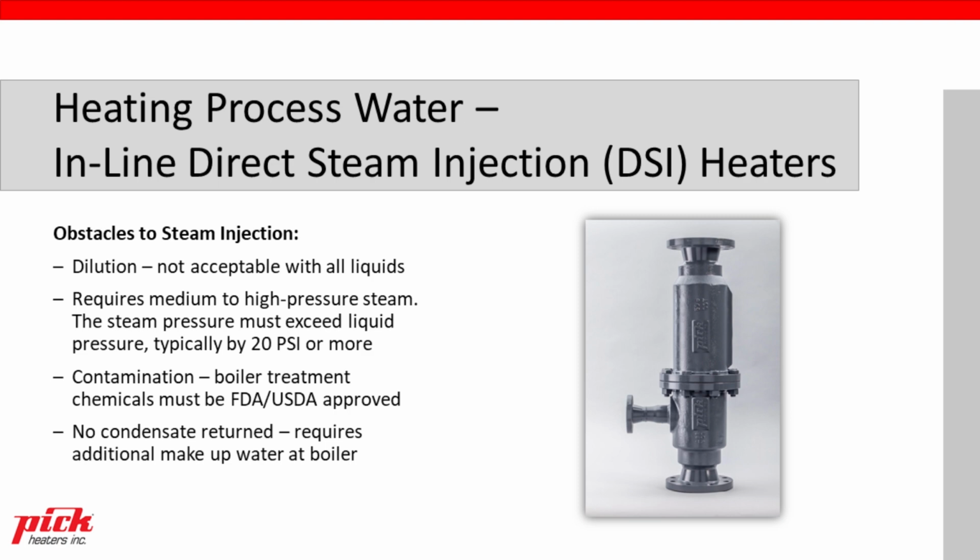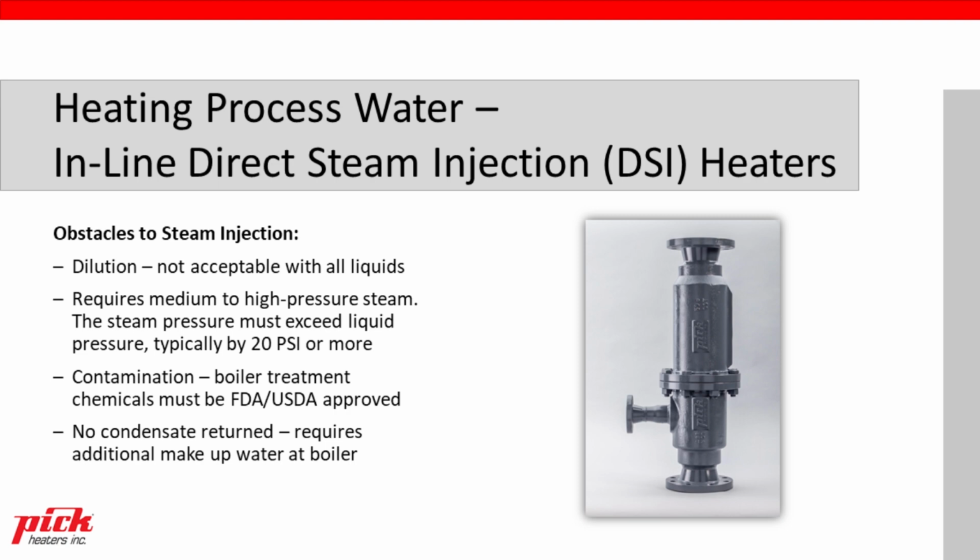Next would be contamination. If your boiler chemicals are not safe for mixing with the water, it's not advisable to use steam injection, but it is very common in all process industries. But in the food industry in particular, those chemicals must be FDA or USDA approved.